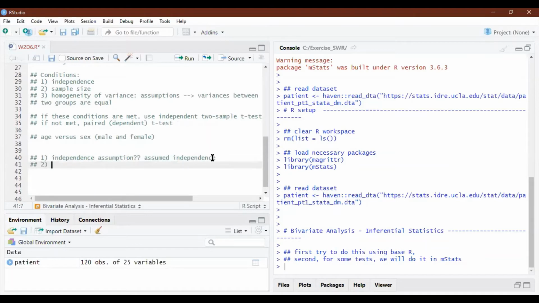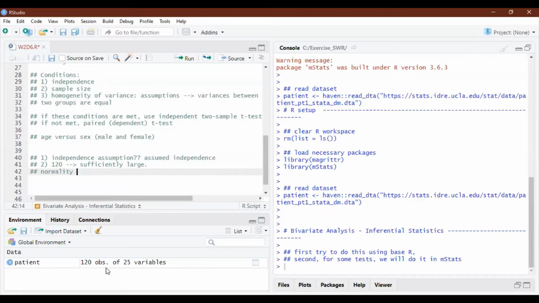Second, sample size. We have 120 as sample size, which is sufficiently large. And then we also need to check the normality.